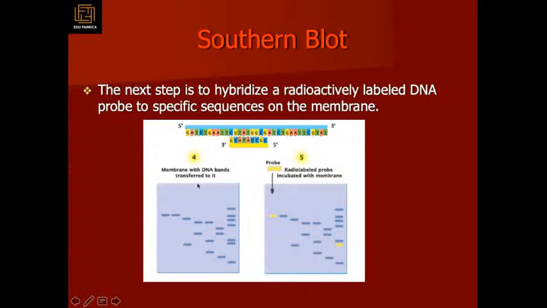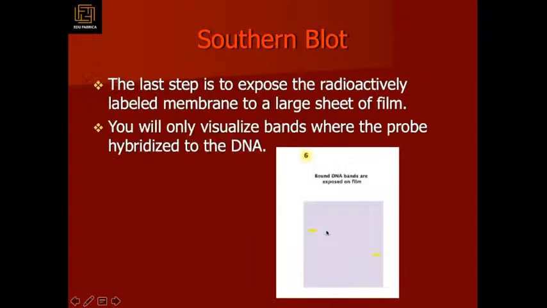The labeled probe that you want to see is incubated with the membrane, and then you expose the radioactively labeled membrane to a large sheet of film. You will visualize bands where the probe has hybridized to the DNA.